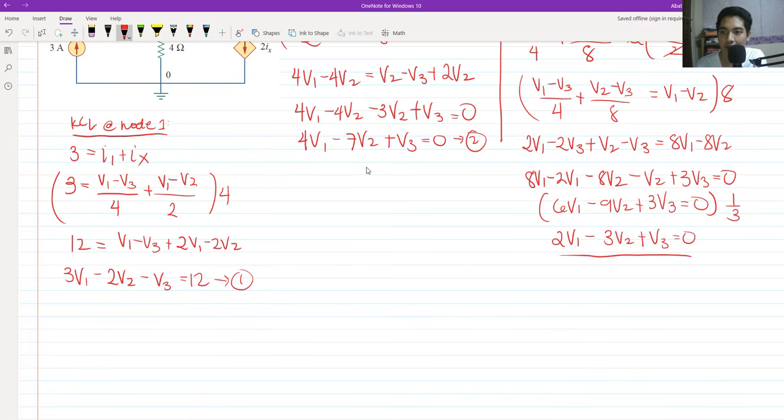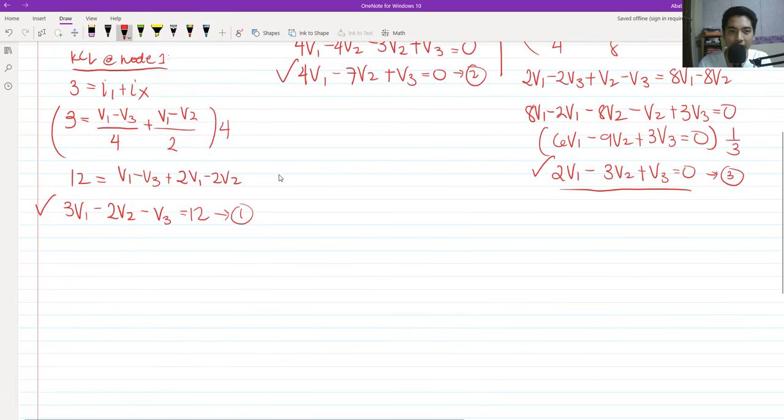So now we have completed all of the node voltage equations: equation 1, equation 2, and equation 3. You can solve it by elimination or by substitution, whichever you are confident with. But I'm confident using Cramer's rule or matrix, so I find it much easier.